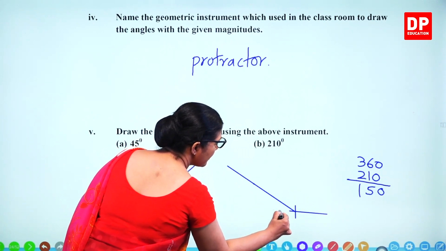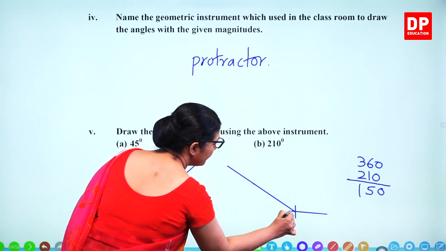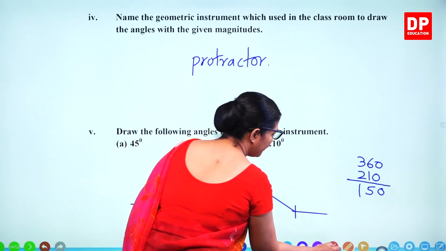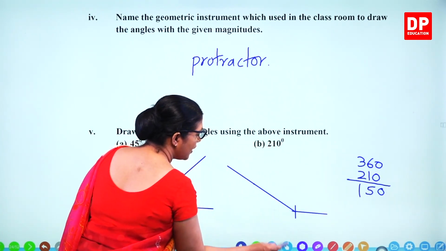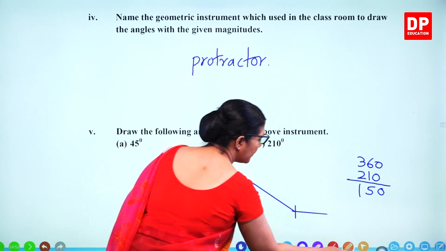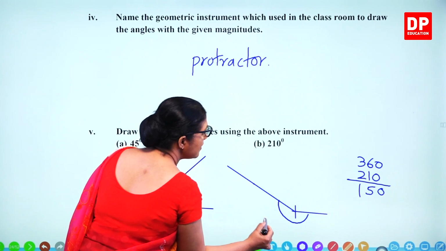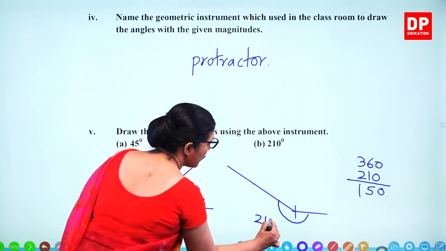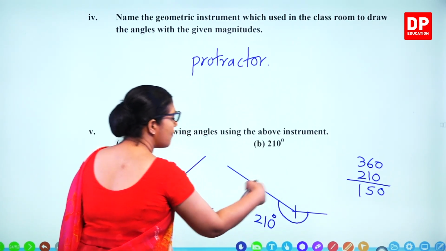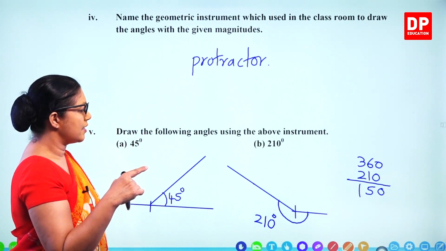We don't need that. We can write this angle is 210 because we took the other one as 150.